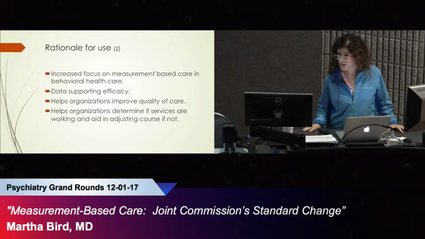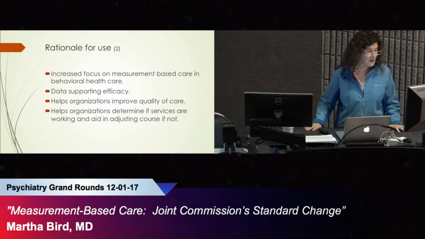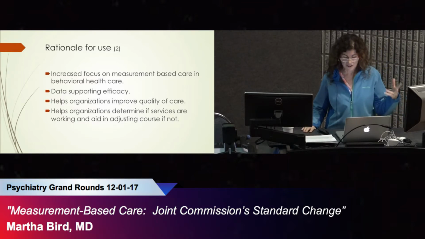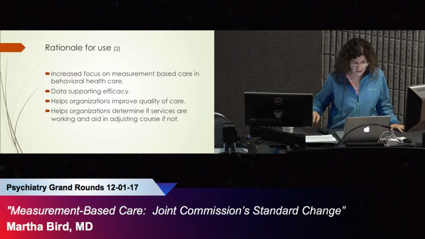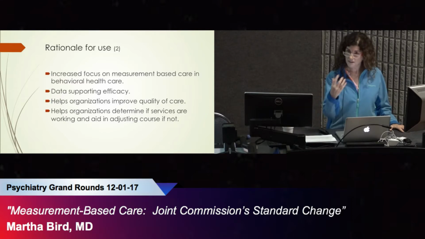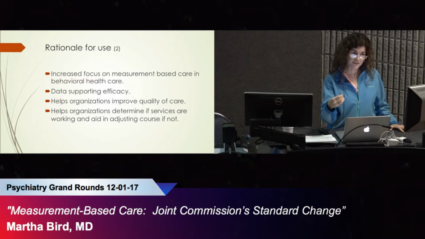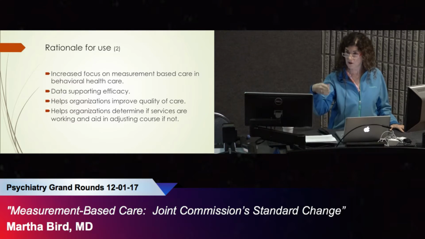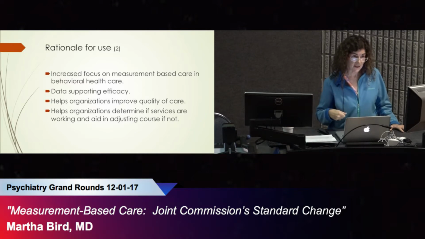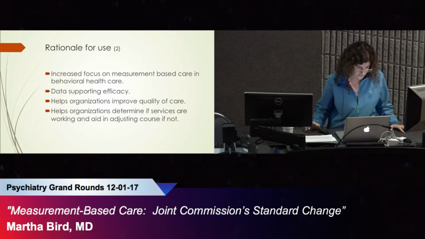And it has been found to help organizations improve their quality of care, so organizations that are Joint Commission accredited, and also helps them determine if the services are working, and if they're not, to aid in adjusting services. Of course, that also applies to the individual clinician. We can use those rating scales to look at the impact of our treatment interventions and hopefully more quickly make changes in course if it looks like the treatment is not effective.